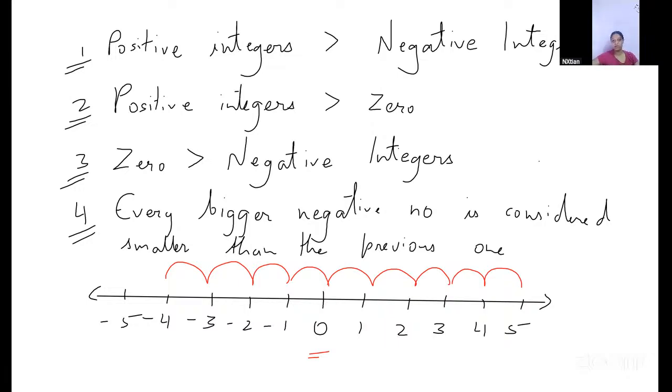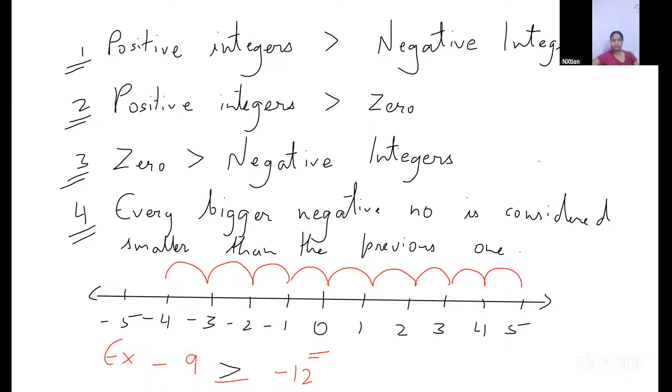Ma'am, so basically negative numbers are just the opposite of positive, right? Yes, basically the opposite of positive. For example, I will write minus 9 and minus 12. Which will be bigger, minus 9 or minus 12? Minus 9.